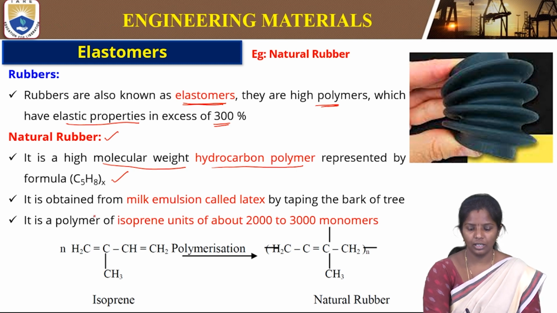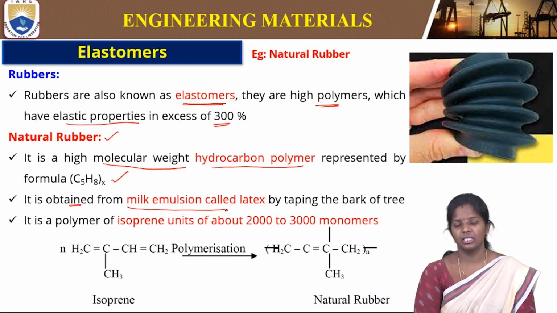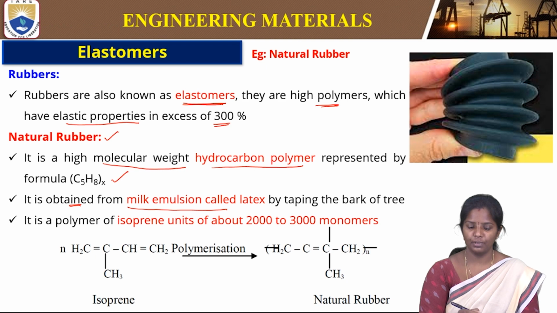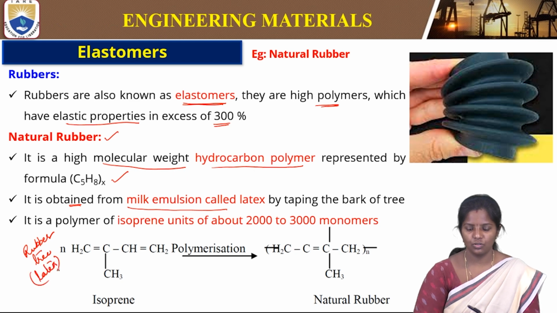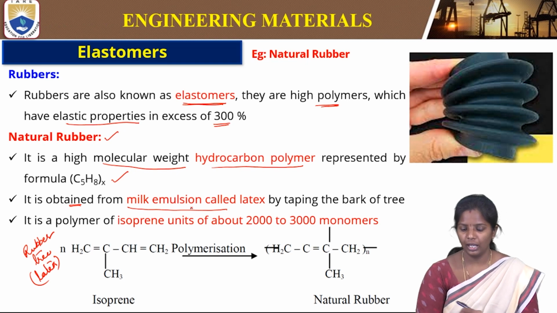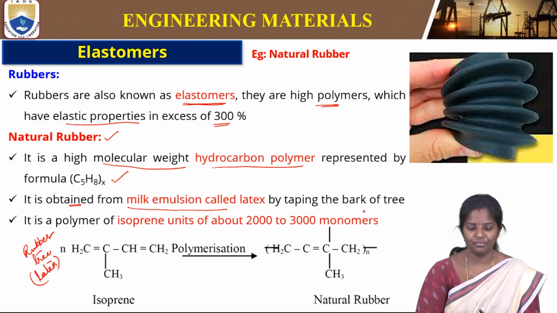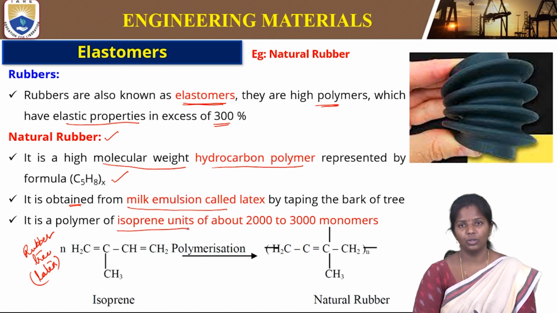An example is the rubber tree. We obtain a milk emulsion called latex. So there is a tree, called the rubber tree, that contains latex. Latex is nothing but a milk emulsion. It is like milk, and by tapping the bark of the tree we obtain it. It is a polymer of isoprene units.